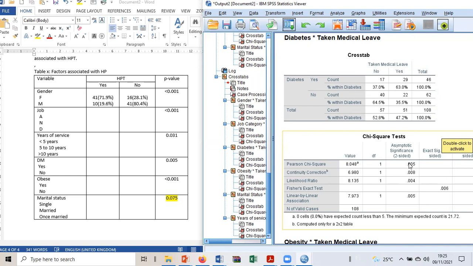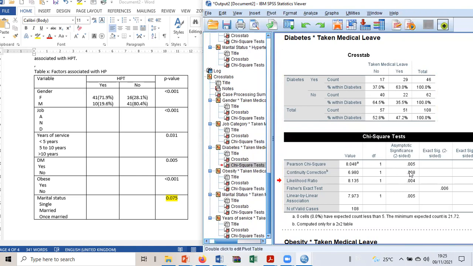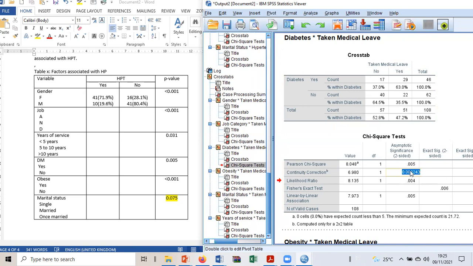We are testing 0.05. Is it more than or less than 0.05?